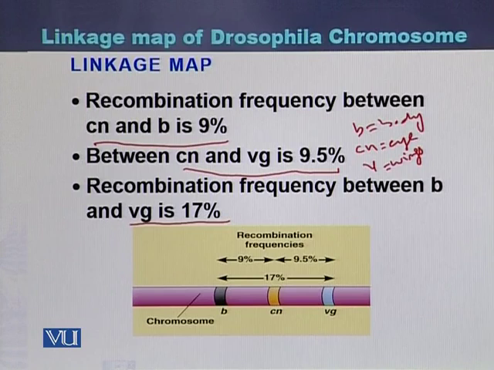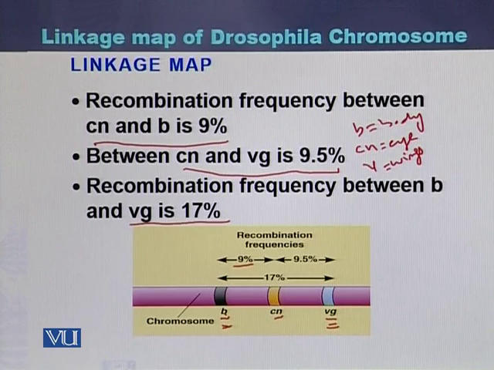How can we order the position of these genes on the chromosome? The frequency between the B and CN genes is 9%, the CN gene and VG gene is 9.5%, and the frequency between the B and VG genes is 17%.